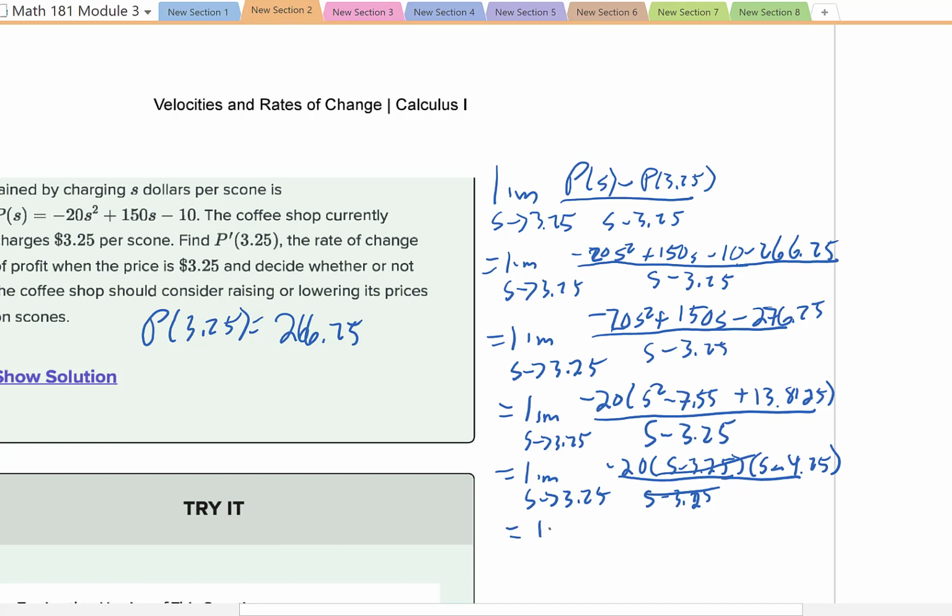We have the limit as s approaches 3.25 of negative 20 times s minus 4.25. And we plug it in. We have negative 20 times 3.25 minus 4.25. That's negative 20 times negative 1, which is 20. So the idea is, yes, raise the price of scones.